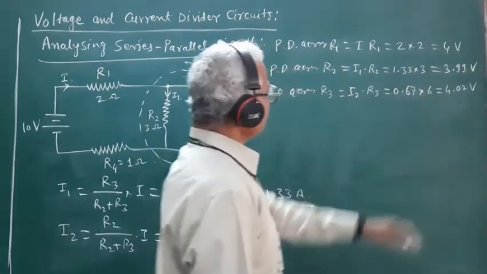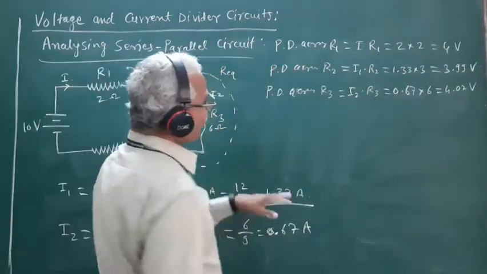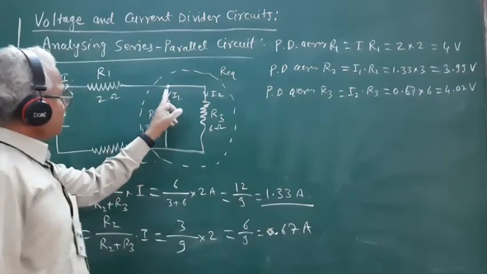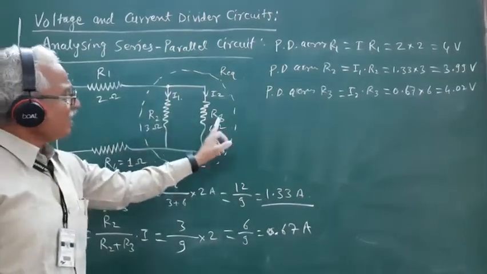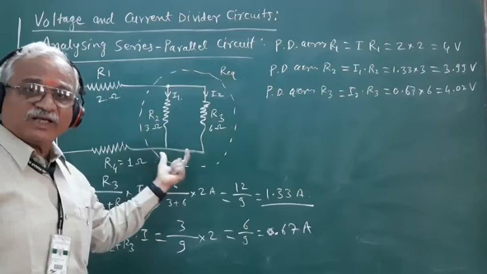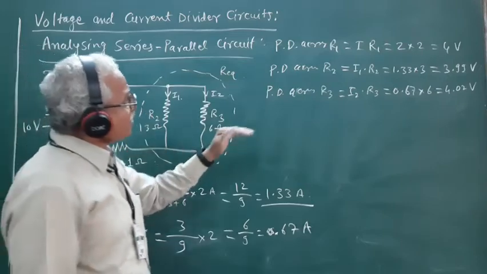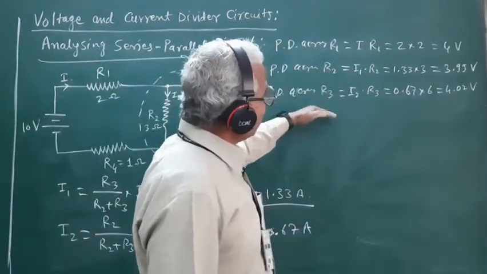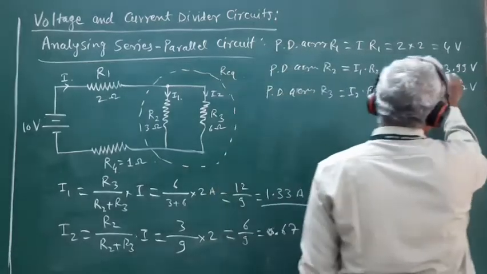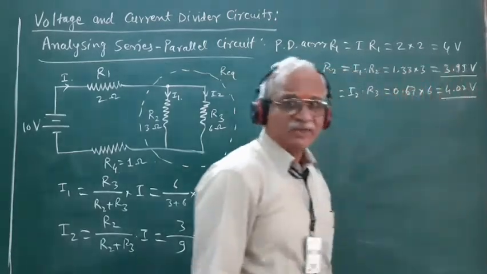Here, since R2 and R3 are connected in parallel to each other, the potential drops across R2 and R3 will not have two different values.